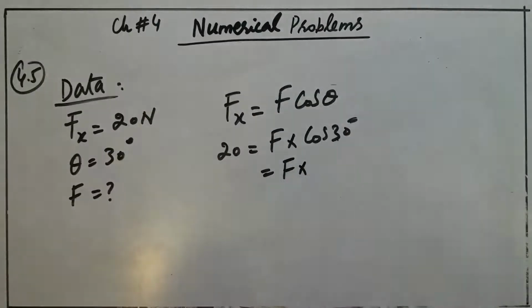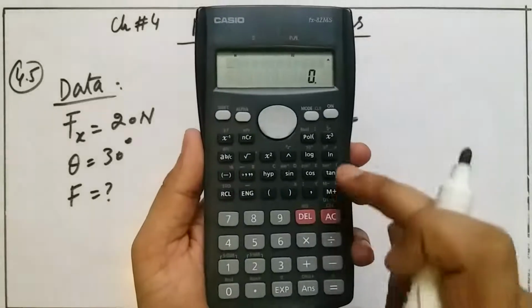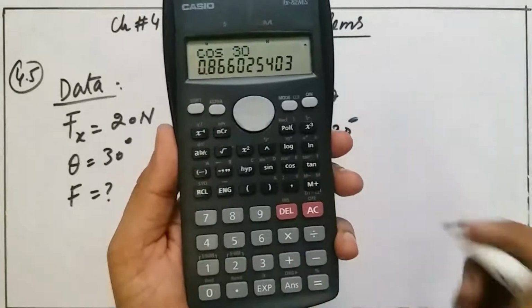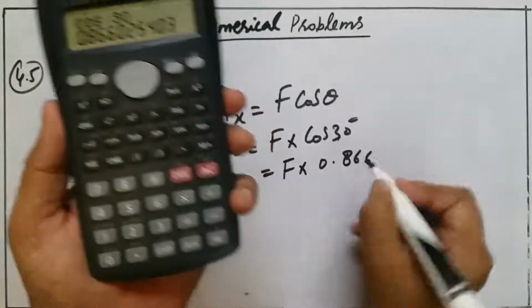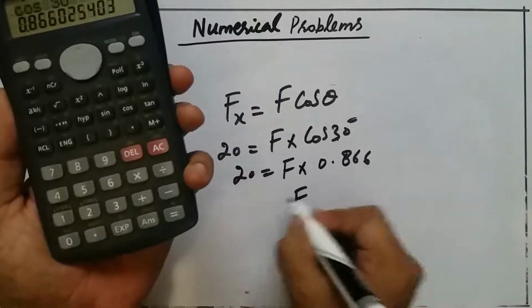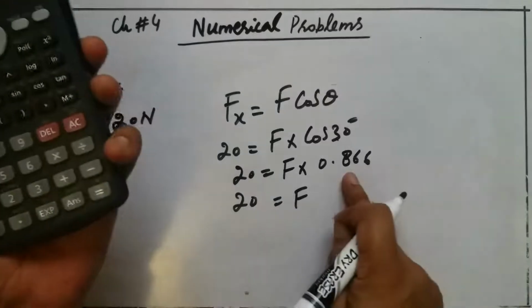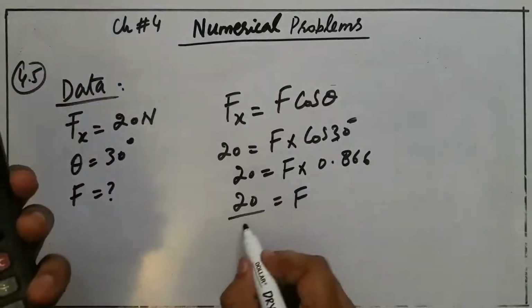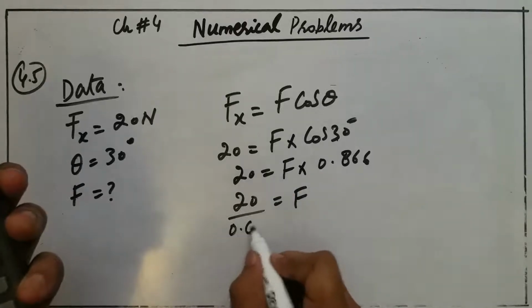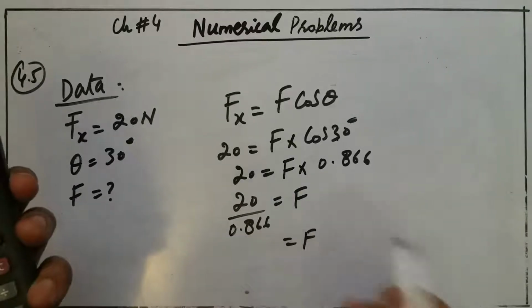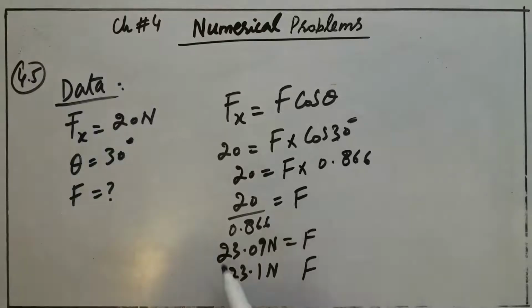So to get the force, divide 20 by 0.866, because it is multiplying and we have to move it, and it is going to be divided on the other side. So the answer is 23.09 Newton, and rounding off this value we get 23.1 Newton. This is the force.